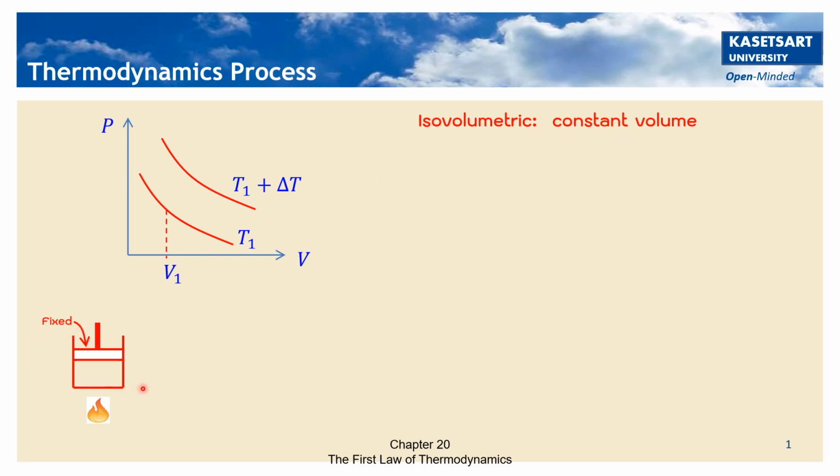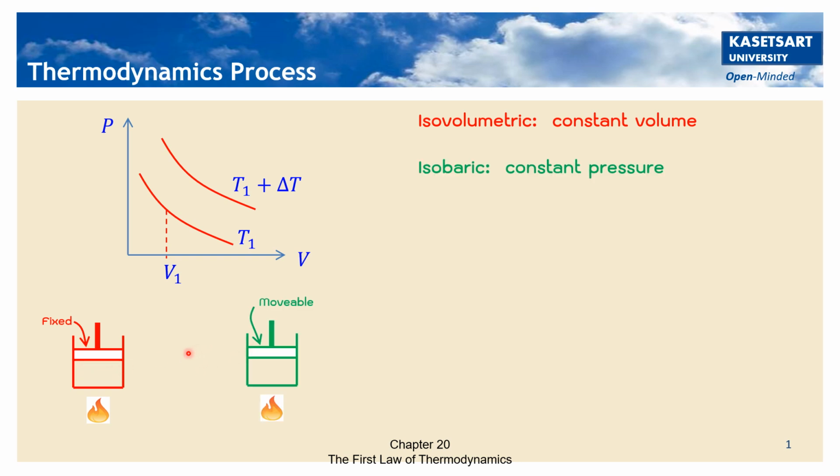You have the system and you can give heat or thermal energy into your system, but the volume is fixed, so your volume cannot change. In this closed system, you can increase the temperature and pressure, but the volume is constant.